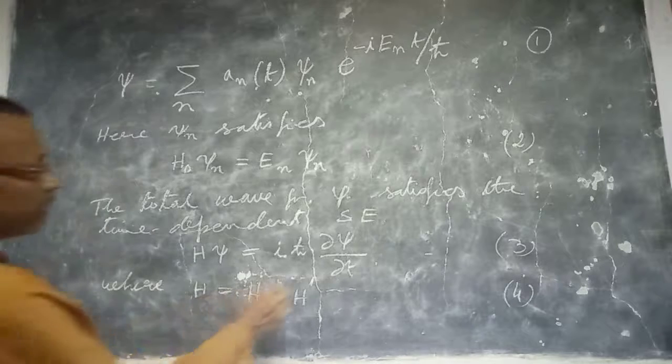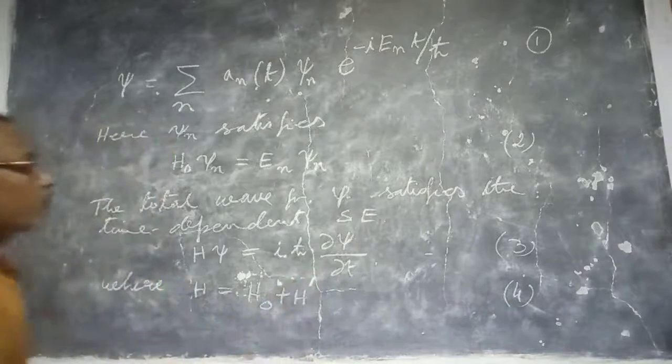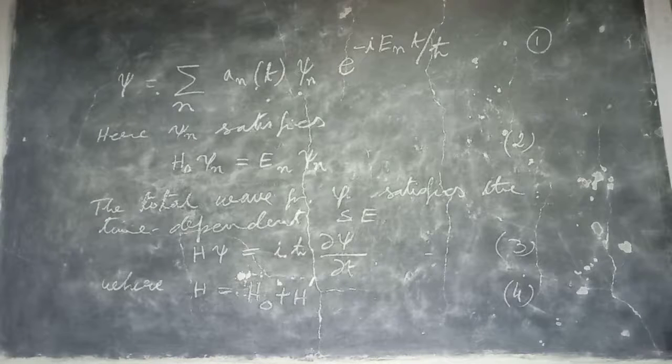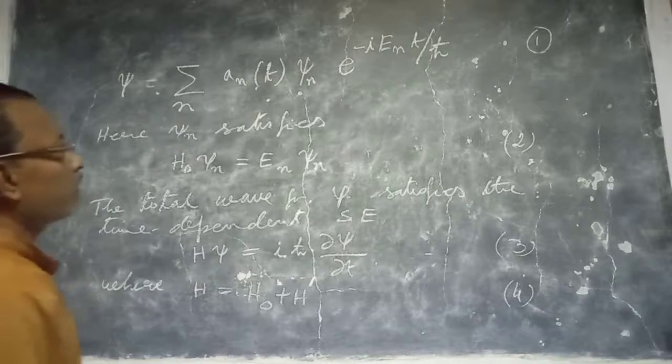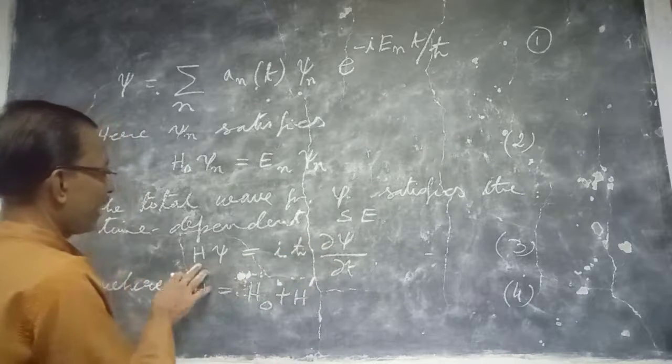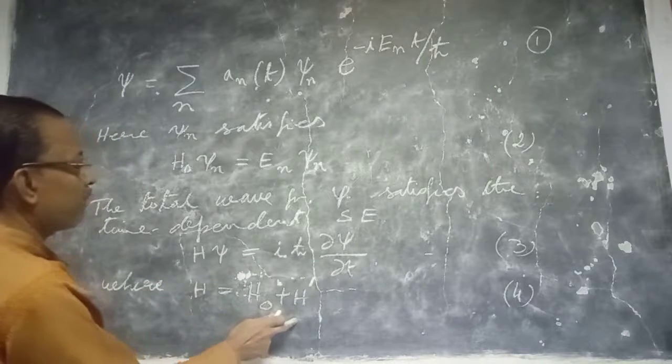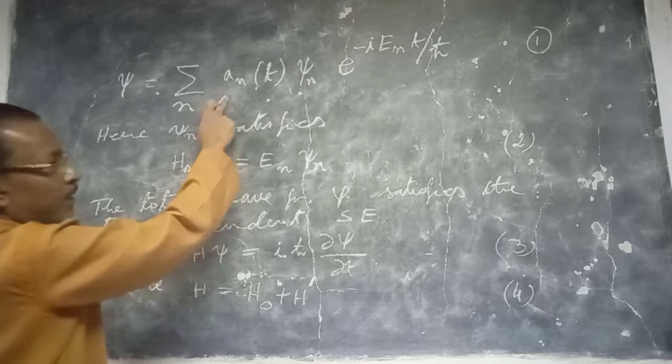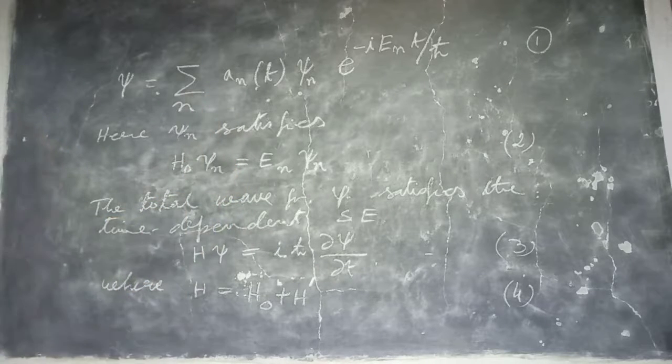This H prime depends on time; it is switched on for a small time and then switched off. Now we substitute equations 4 and 1 in equation 3, where we write H as H0 plus H prime and psi is replaced by this.